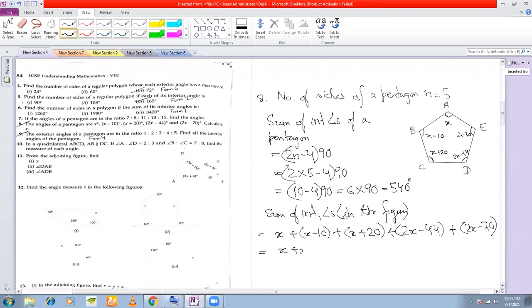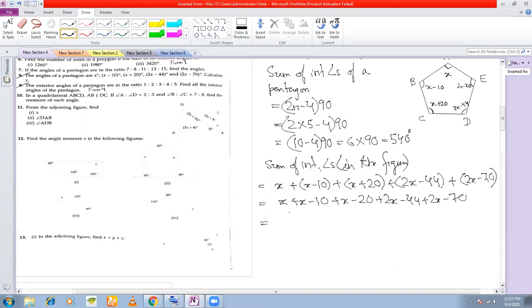Open the brackets and simplify this. How many x's are there? You have x, x, x, 2x, 2x: 3 plus 2, 5, 5 plus 2, 7. So 7x. The rest are negative: minus 10, minus 44, and minus 70.